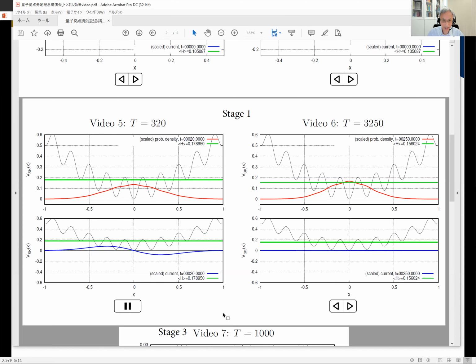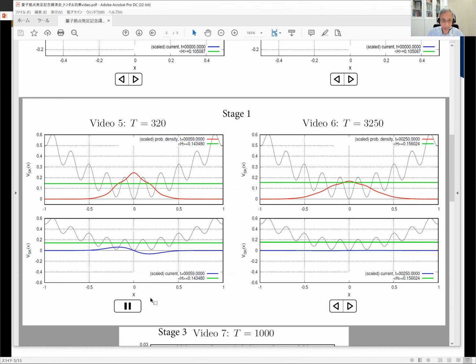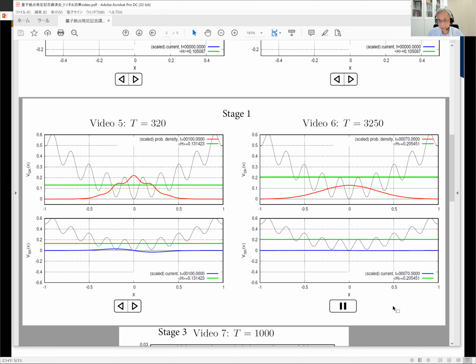Anyway, at a later stage, when the energy is lower than the barrier height, the quantum tunneling effect takes place very explicitly. And for a longer annealing time, 3250, it is relatively stationary because the current is close to 0.